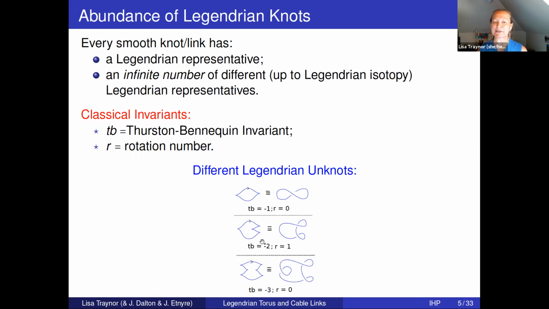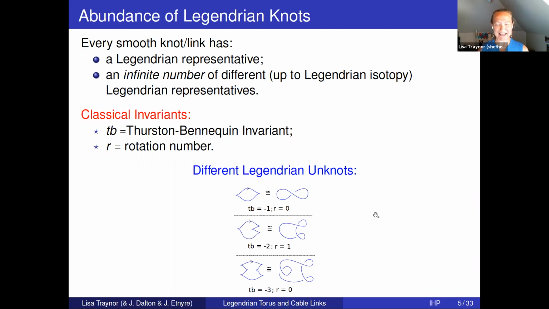Adding a zigzag up or down is always going to change the TB and the R. These classical invariants are very easy. In this other projection, it would just be the writhe. Every crossing has a sign and you sum up those signs, or you measure the rotation number of a tangent vector. So very easy classical invariants.